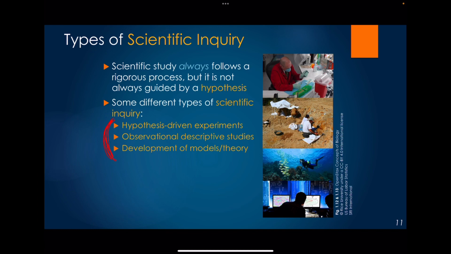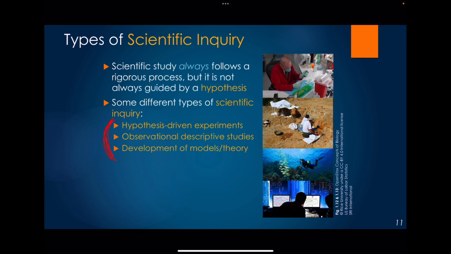Then observational descriptive studies. That could be if, let's say, we discover a new species of shark, and you have to observe it over time and learn about the shark. That is an observational descriptive study.